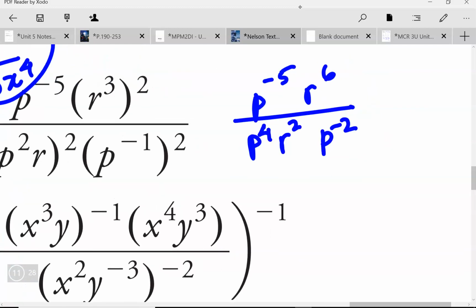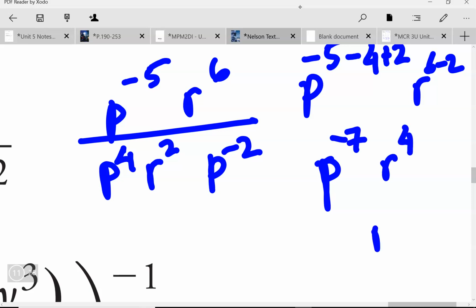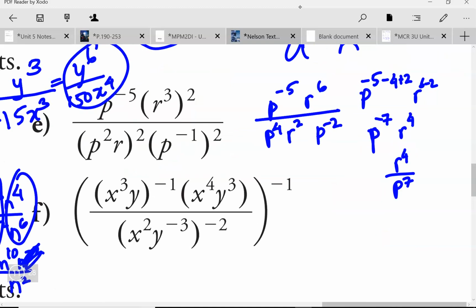So here I have p to the power of negative 5 minus 4 plus 2, because I'm doing negative of negative 2. I also have r to the power of 6 minus 2. So that leaves me with p to the power of negative 7, r to the power of 4. I'm going to move the p to the power of negative 7 to the denominator so that I get a positive 7.